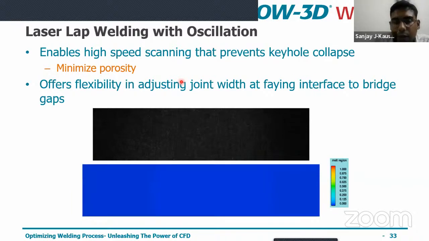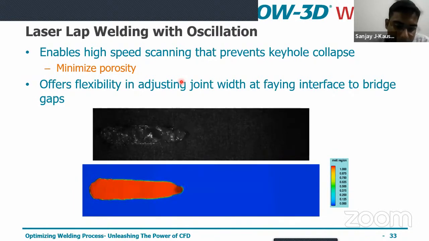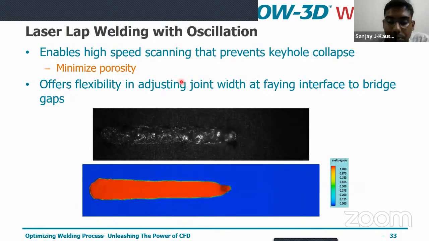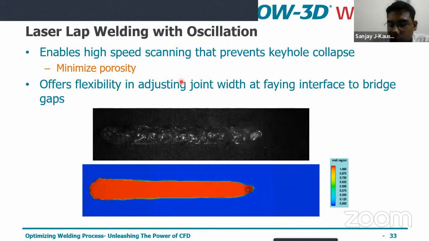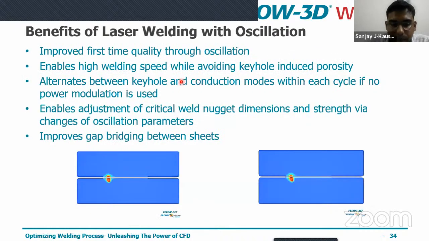Instead of high speed welding, we can also use laser lap welding with oscillation. In oscillation, there is flexibility where you can minimize the porosity, and control and manipulate a lot of process parameters. So this is one advantage over fast laser welding. Oscillation improves first time quality, and we can enable high speed welding while avoiding keyhole induced porosities, as I mentioned.